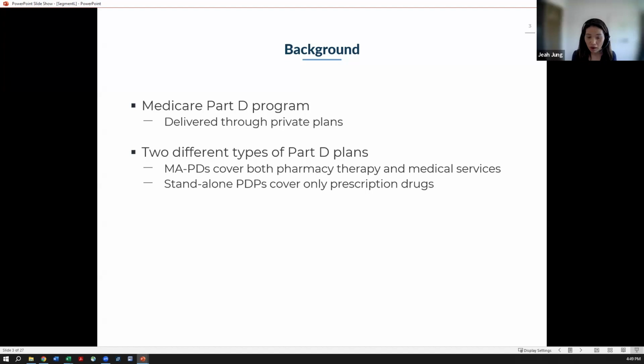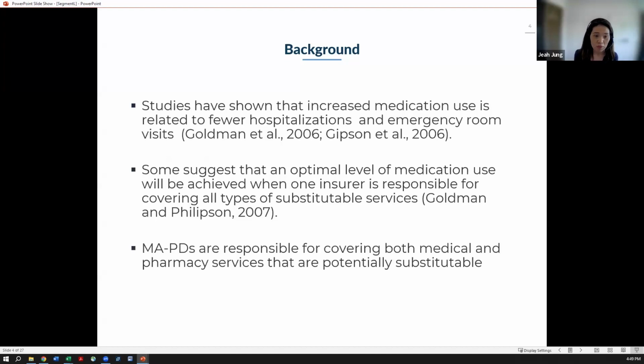However, standalone PDPs cover only prescription drugs. To me, that's really important and an interesting difference between these two types. Why does it matter? One covers two different types of services, and standalone PDPs cover only prescription drugs.